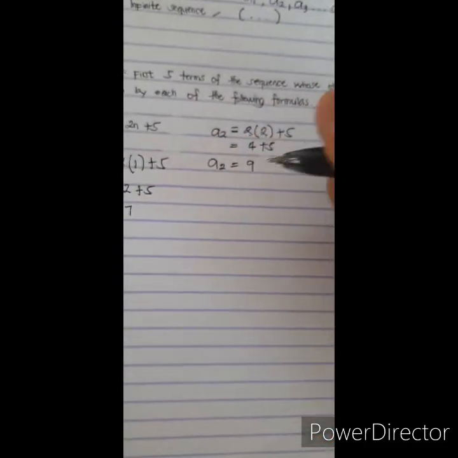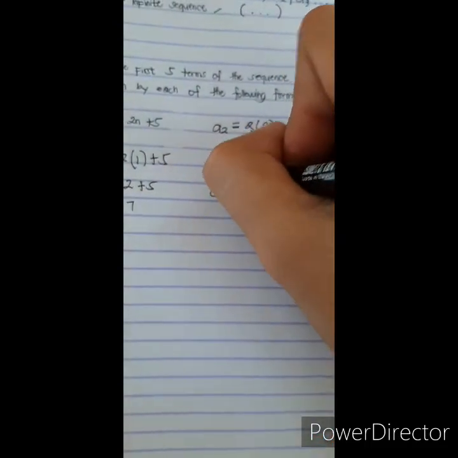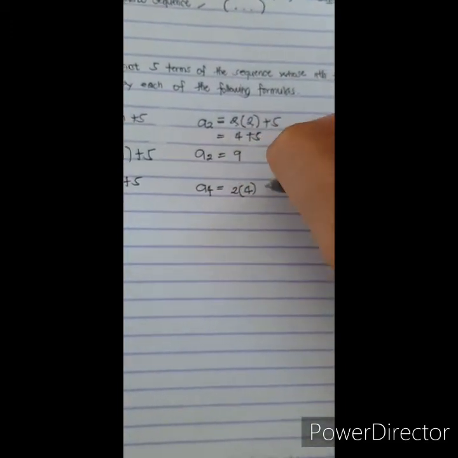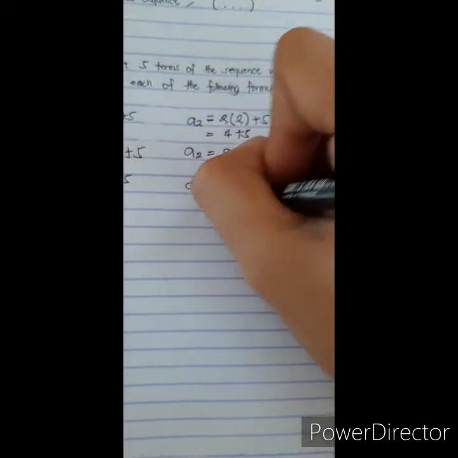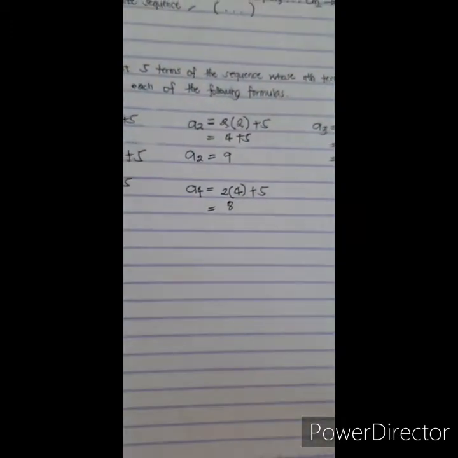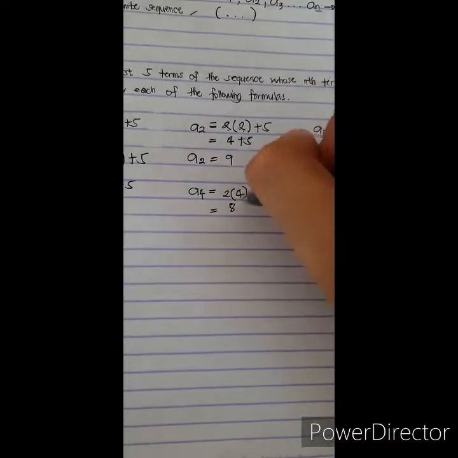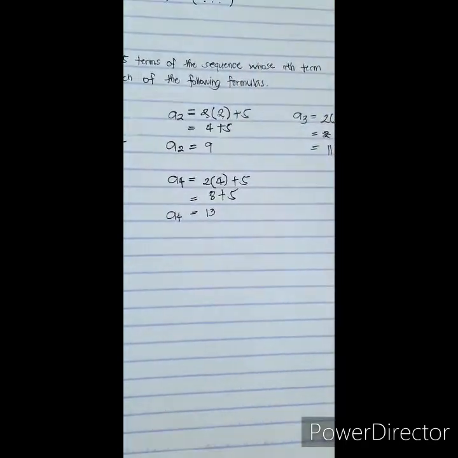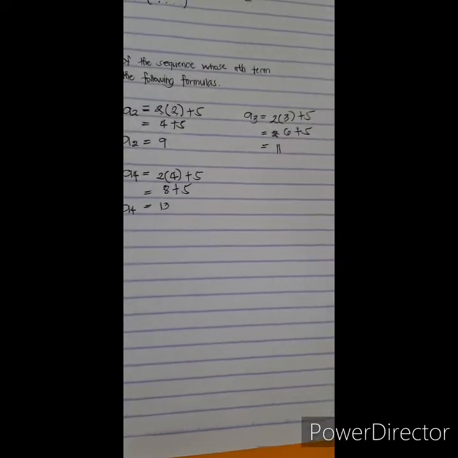Next, for the fourth term, we have a sub 4 is equal to 2 times 4 plus 5. So 2 times 4 is equal to 8. Next, we will add 5. Therefore, it will give us 13.